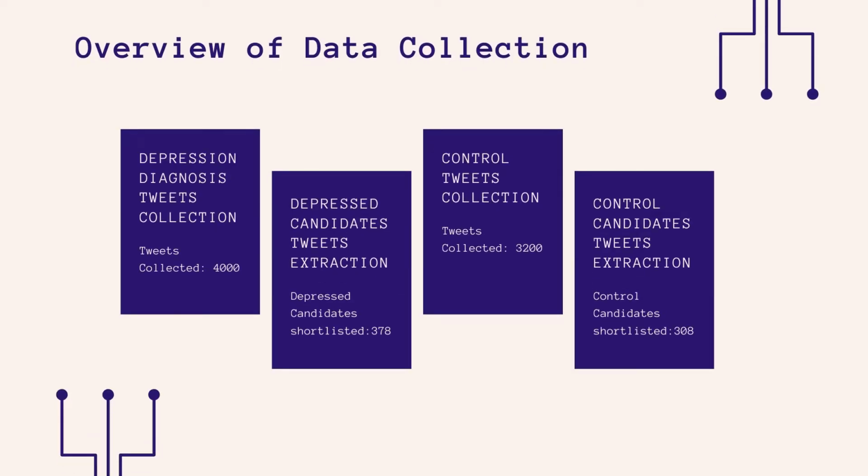Depression diagnosis tweets were collected. After further screening, among 4,000 users, an actual 378 depressed users were identified and the rest of the public tweets were collected. Similarly, control users were identified among 3,200 acquired tweets, which resulted in the selection of 308 candidates whose public tweets were extracted in the next stage.